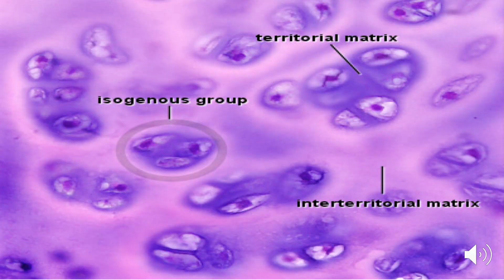Please take a look at the areas surrounding the lacunae of the chondrocytes. They are basophilic and they are named territorial matrix. The light staining areas, or the areas other than the territorial matrix, will be referred to as interterritorial matrix, meaning they are between territorial matrices.